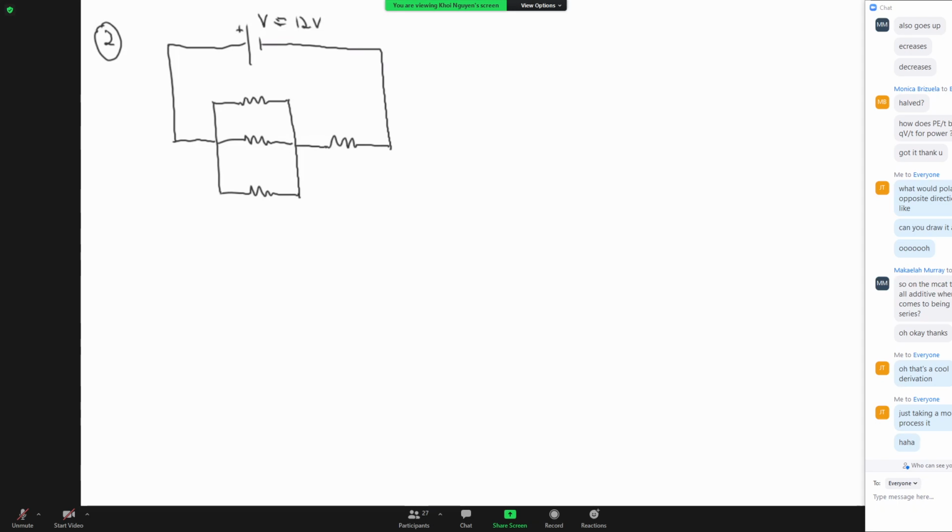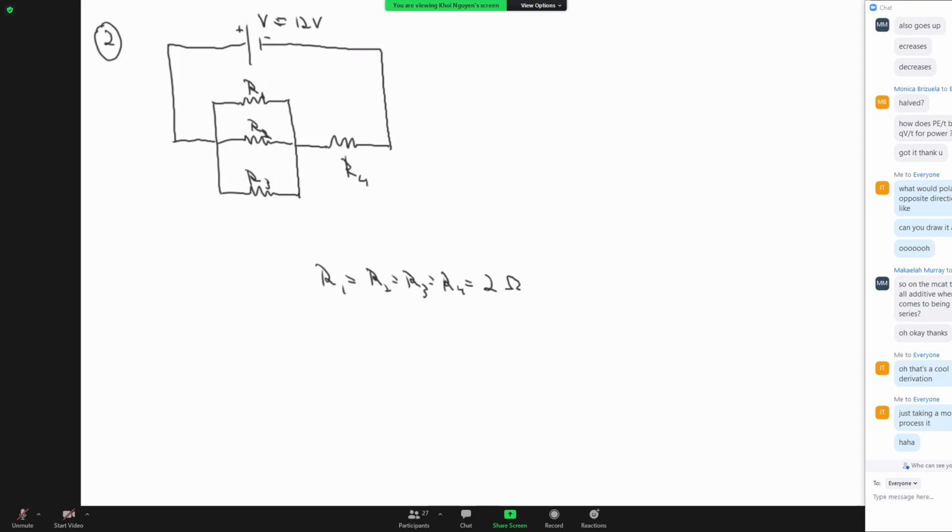That's equivalent to what you have in your car. We'll call this R1, R2, R3, R4, respectively. And I'm told that R1 is equal to R2, which is equal to R3, which is equal to R4, which is equal to 2 ohms.